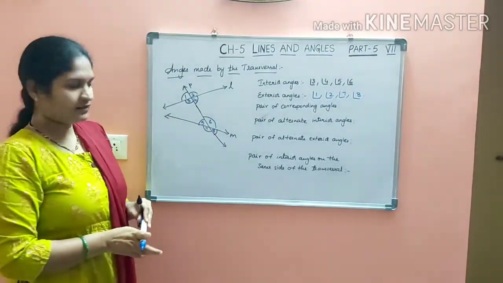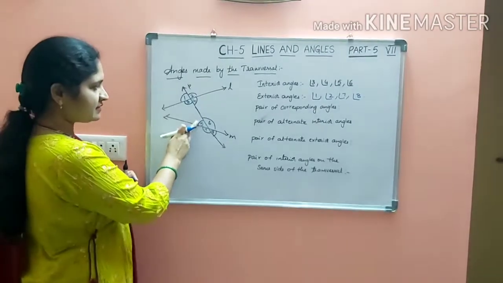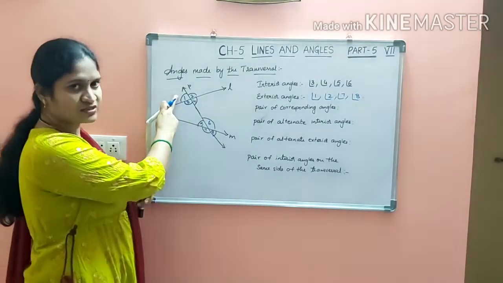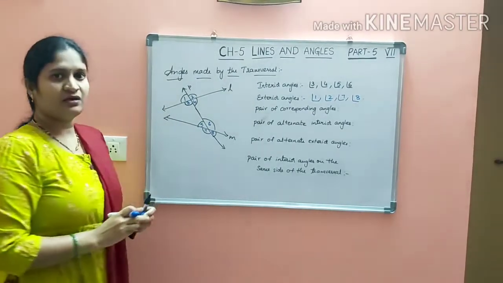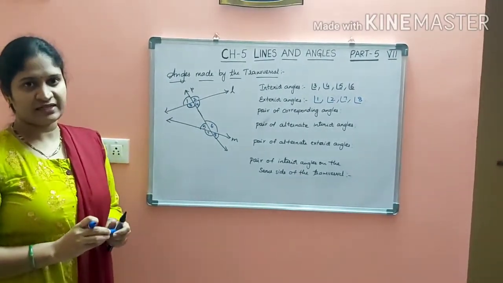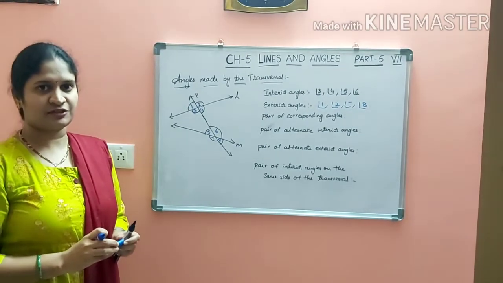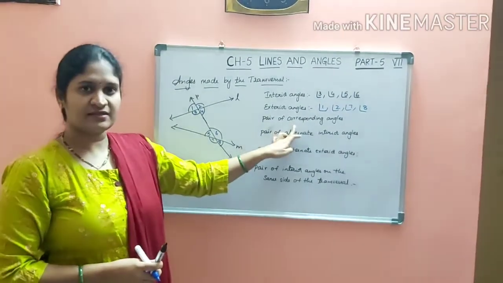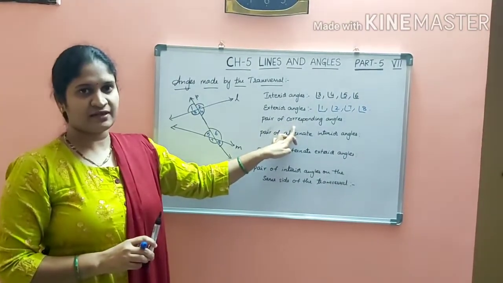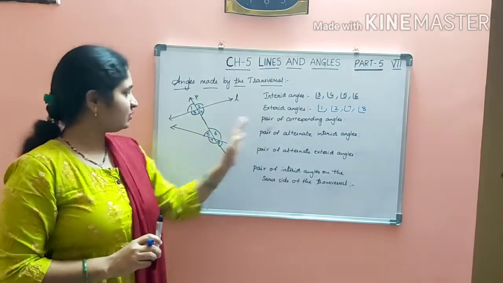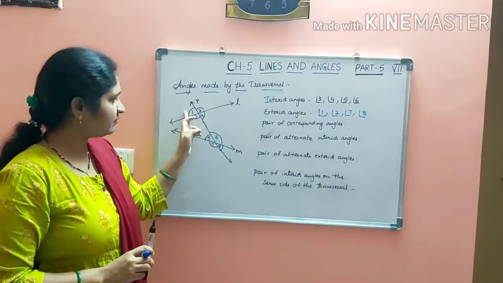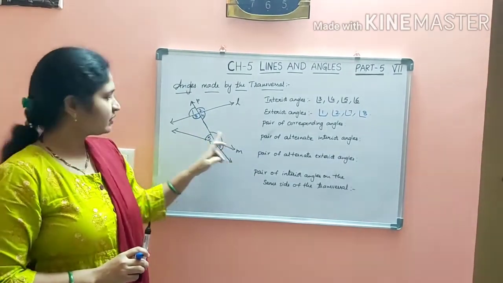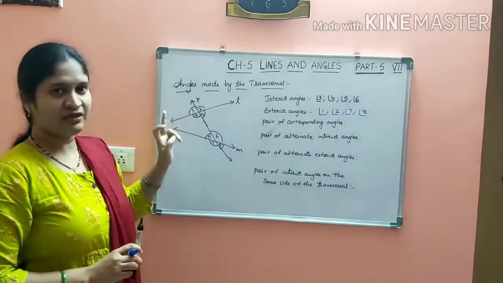Corresponding angles are, one should be inside and one should be outside on the same side of the transversal. You have to remember this definition, children. I cannot take it like this side one and this side one. Is this clear? So one should be inside and one should be outside.